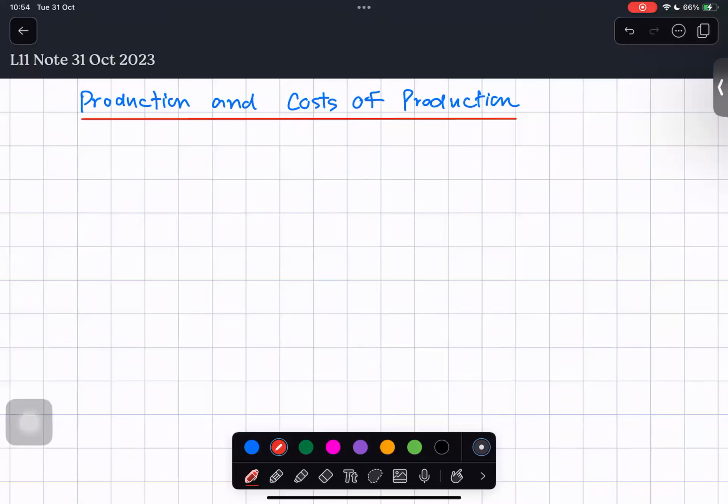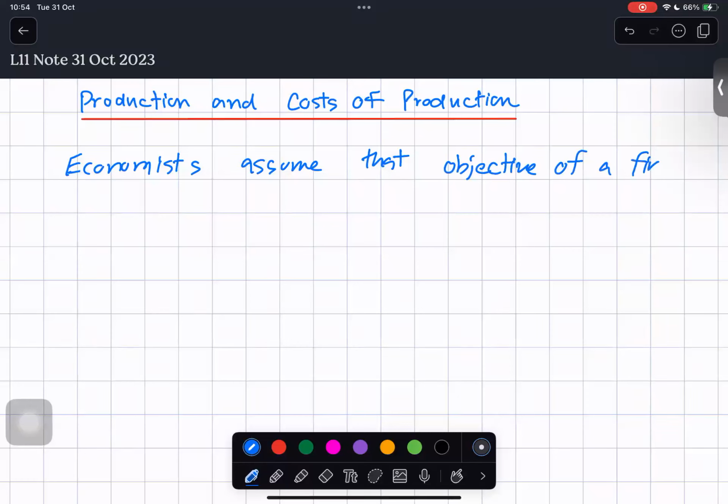First, economists assume that the objective of a firm is to maximize profits.